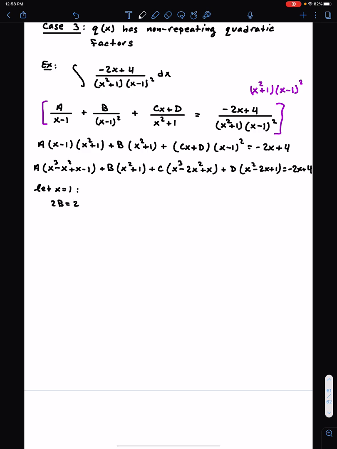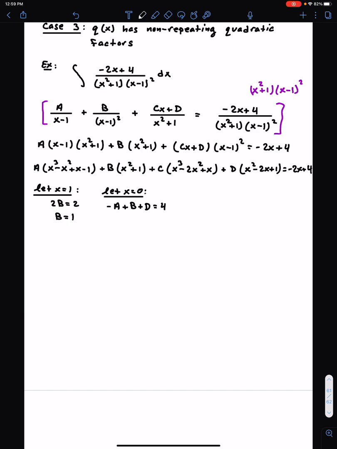If I plug in 1 on the right side, I get 2, which means b is equal to 1. If I plug in 0 for x, I get negative a plus b plus d is equal to 4.